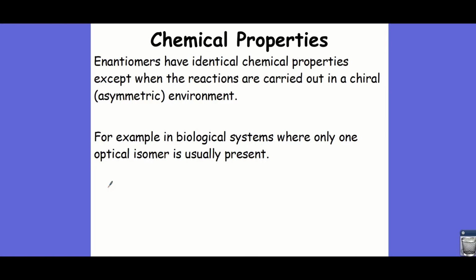So the best example of this is to look at it in the context of a biological system. So say the human body, and say you're taking some sort of medication, so a drug of some sort. Biological systems involve the reactions of amino acids or proteins, most of which are chiral.